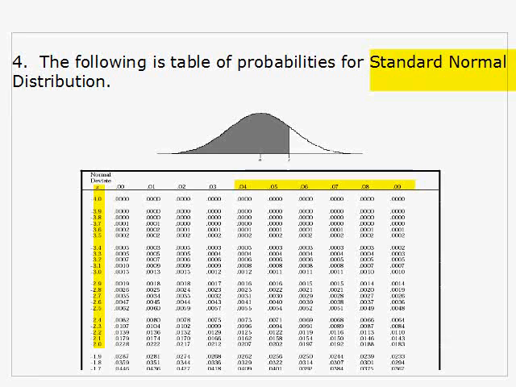So minus 2.64 would be, let me erase this for a second. You'd find the 2.6 right here, minus 2.6, and then the last digit, the second digit after the decimal, is up here, and the 4 there. And the intersection of those two give you the area under the curve from this value of z down. It's all this.